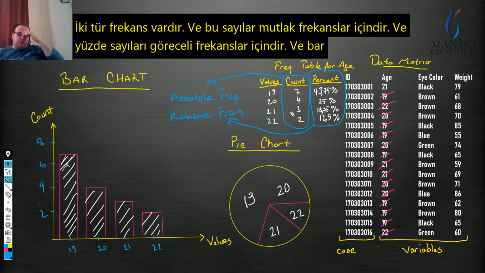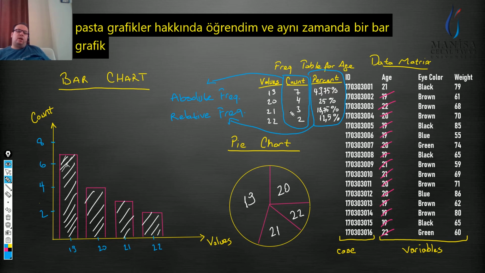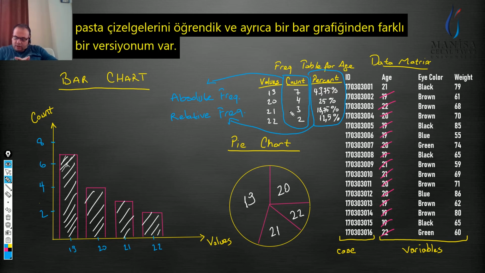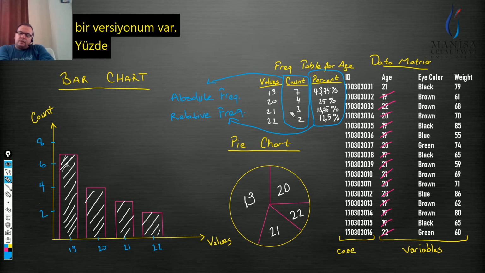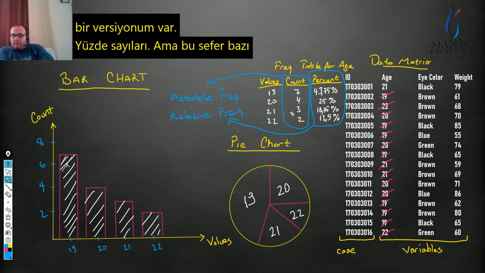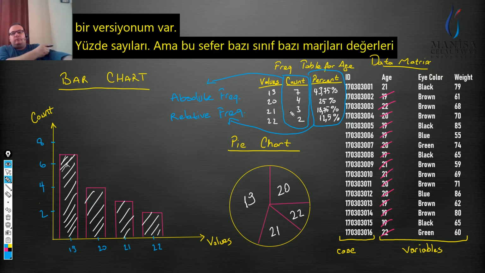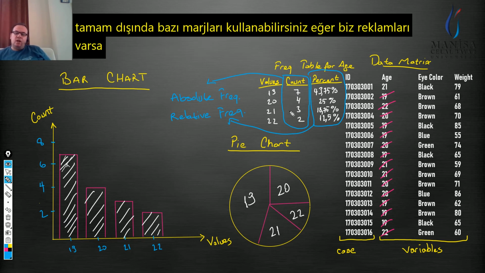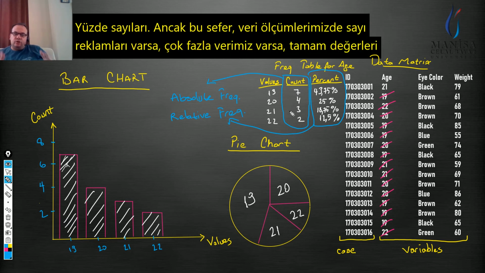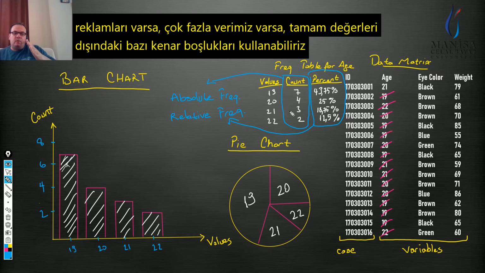We learned about bar charts and pie charts, and also I have a different version of a bar chart, called a histogram. In a histogram we use the percentage numbers, but this time we can use some classes, some margins, other than the values. If we have a lot of numbers in our data matrix, we cannot use the values one by one.